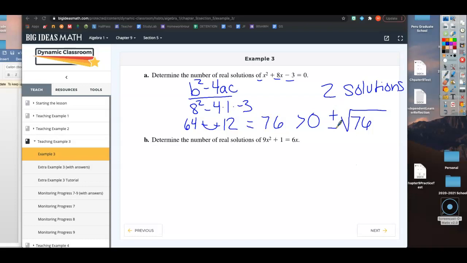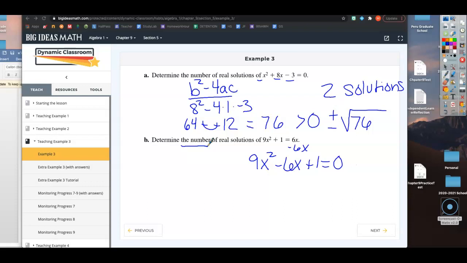So for B, this time I don't have everything equal to 0. The first thing I have to do is subtract 6x, and I would get 9x squared minus 6x plus 1 equals 0. Now again, I'm just asked to determine the number of real solutions, so I'm going to use the discriminant formula, b squared minus 4 times a times c.